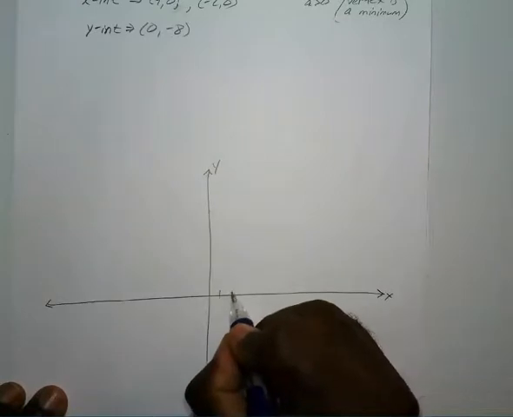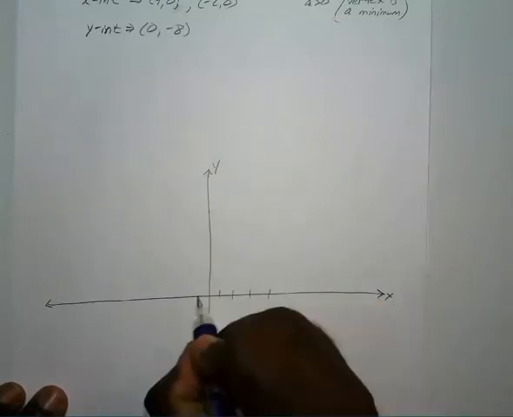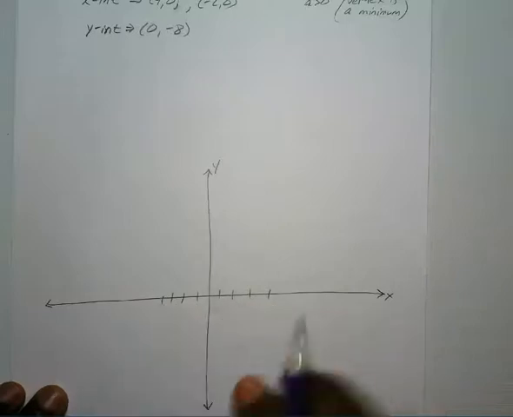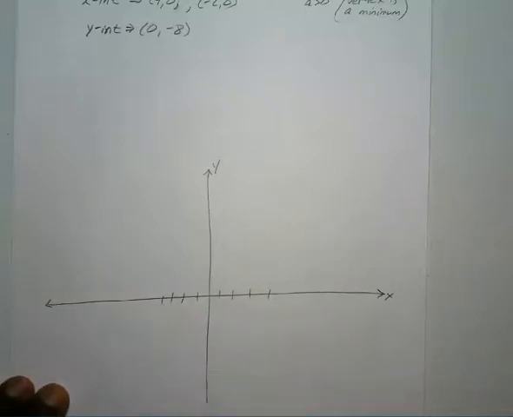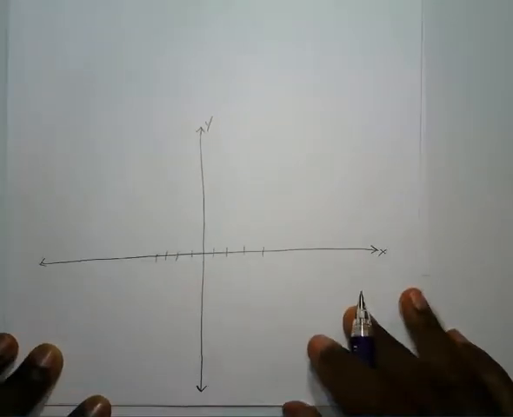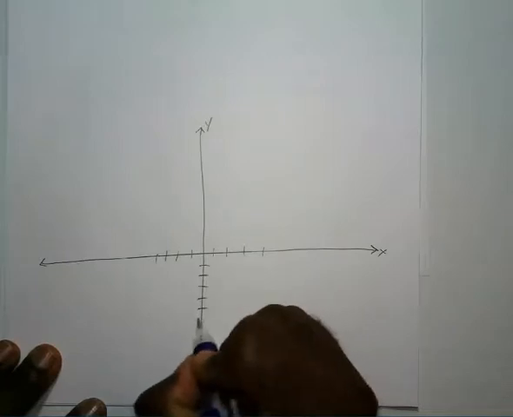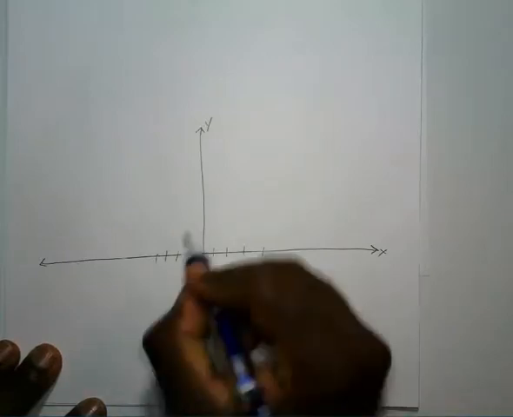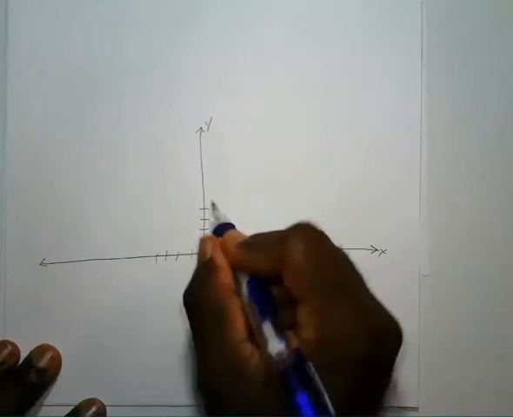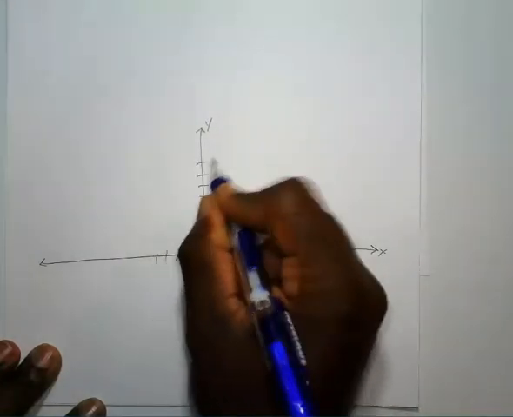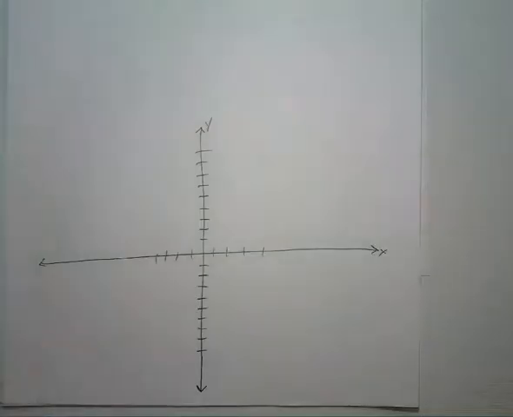So 1, 2, 3, 4. Move this down a little bit more. Okay, so 1, 2, 3, 4, 5, 6, 7, 8, 9.